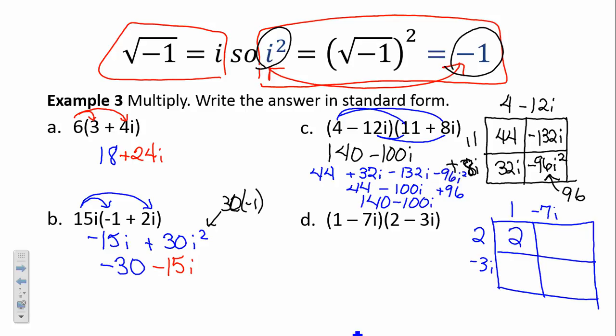To get this value, I take 2 times a negative 7i. To get this value, I take 1 times a negative 3i. And to get this spot, I take a negative 3i times a negative 7i. But 21i squared is truly, i squared is negative 1, so negative 21 goes in that spot.